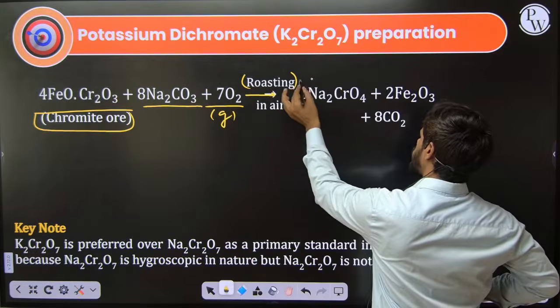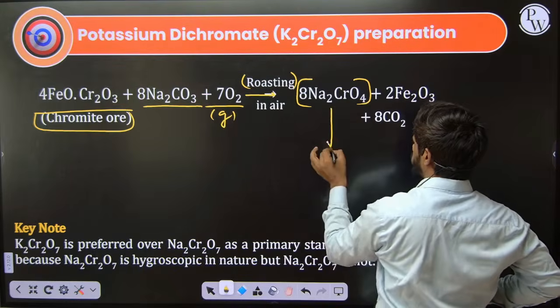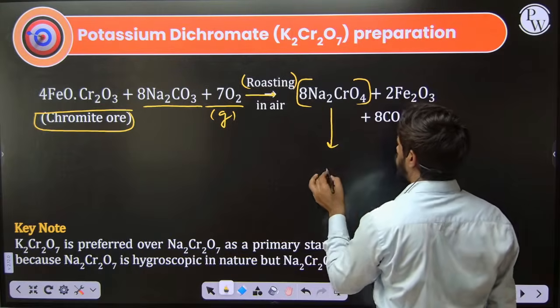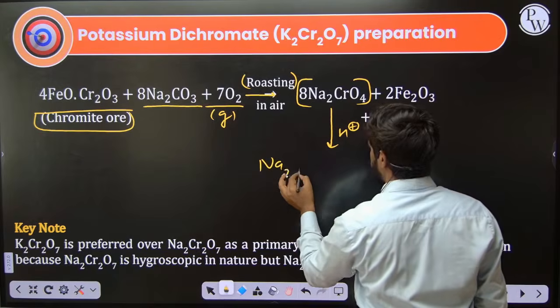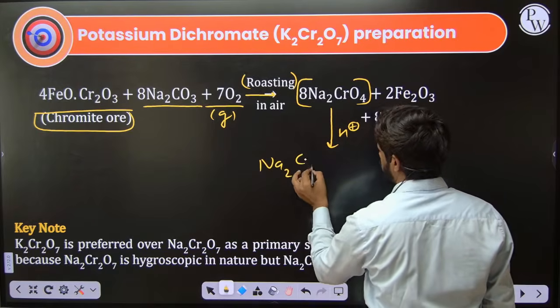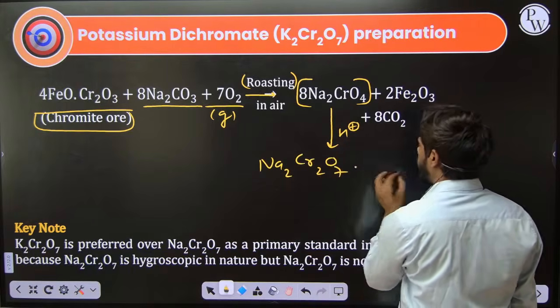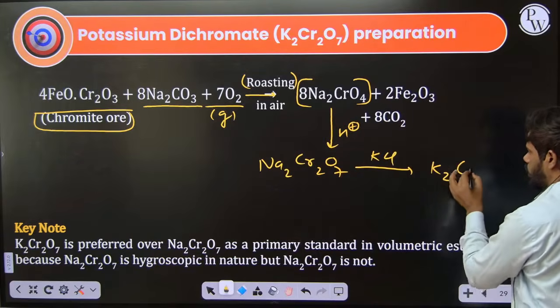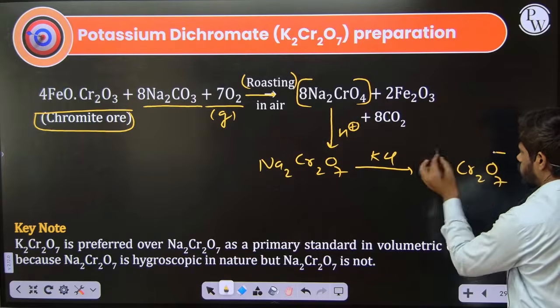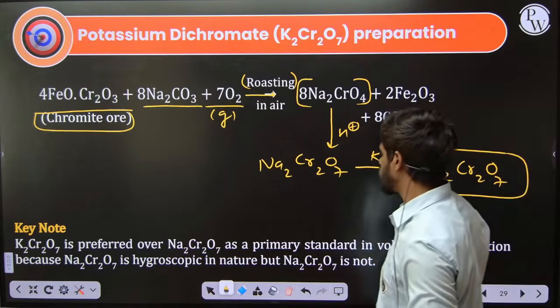Then sodium chromate, Na2CrO4, is formed. When it is acidified, it is converted into sodium dichromate, Na2Cr2O7, and this is heated with KCl and converted into K2Cr2O7. So this is the formation of K2Cr2O7.